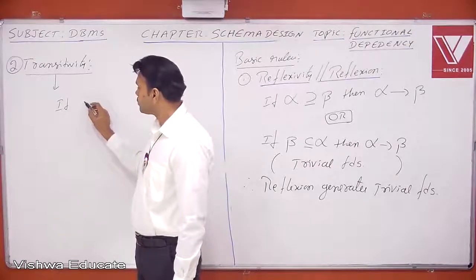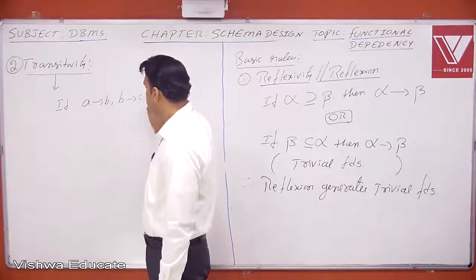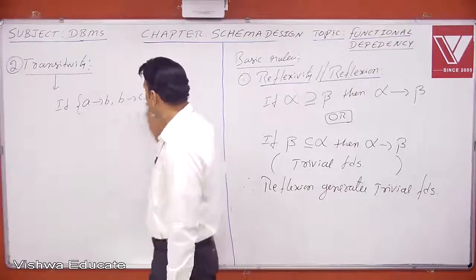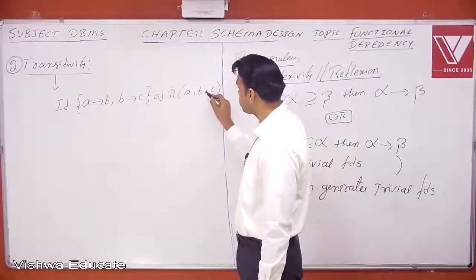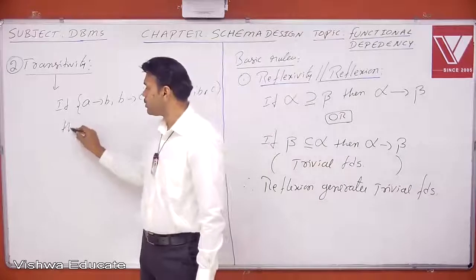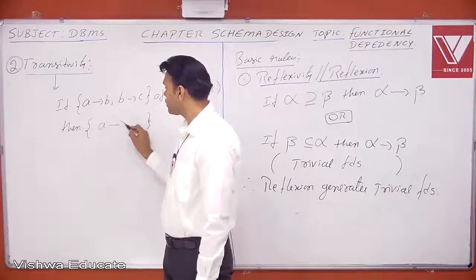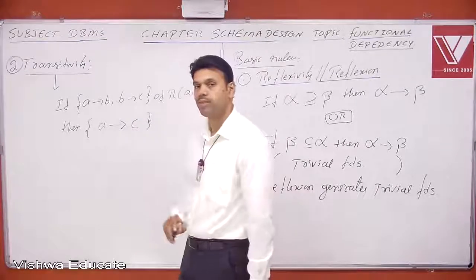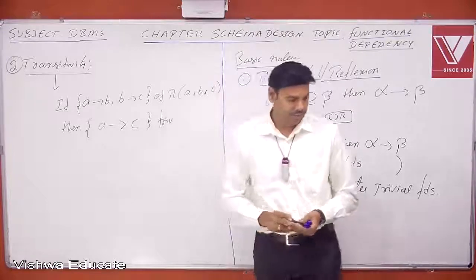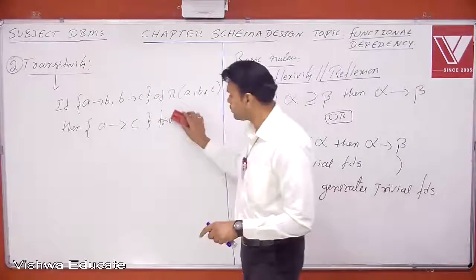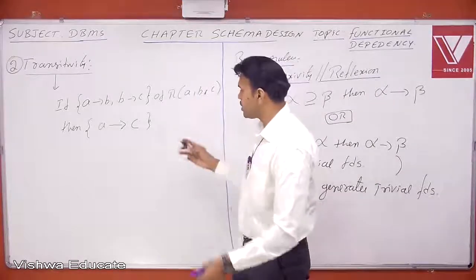If A gives B and B gives C of R of A, B, C, then what will happen? A gives what? C. Transitively.